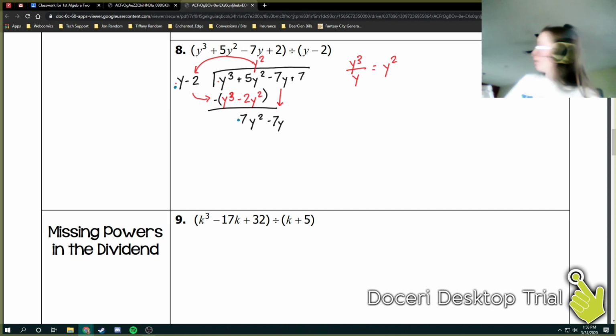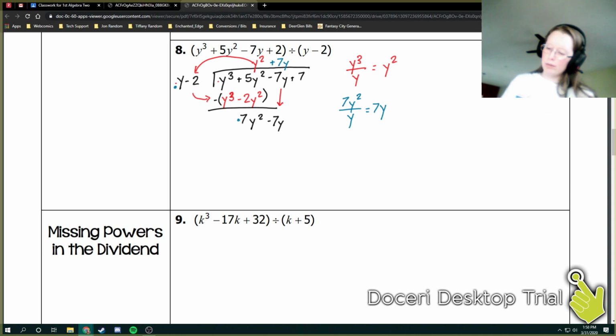First term divided by first term. Sorry, 7y squared divided by y gives me y squared. No, it doesn't. This gives you 7y, my bad. This is the next part of my quotient.